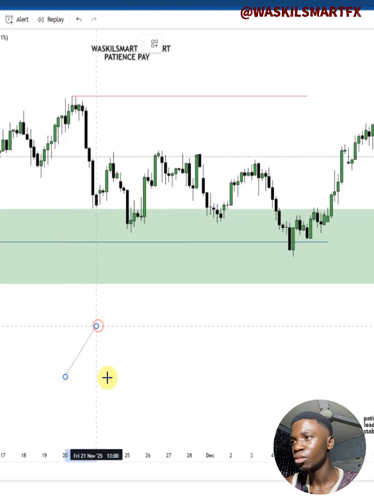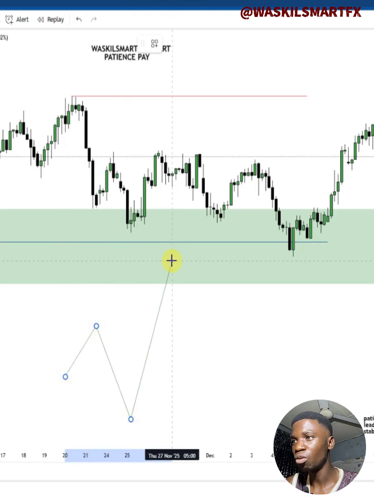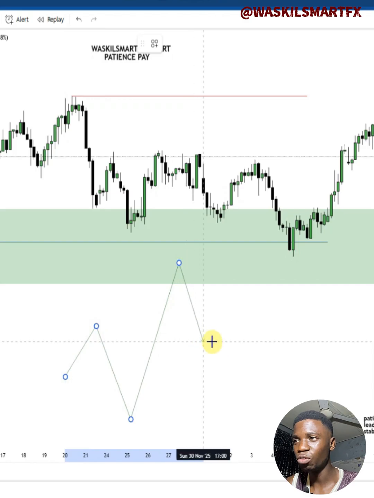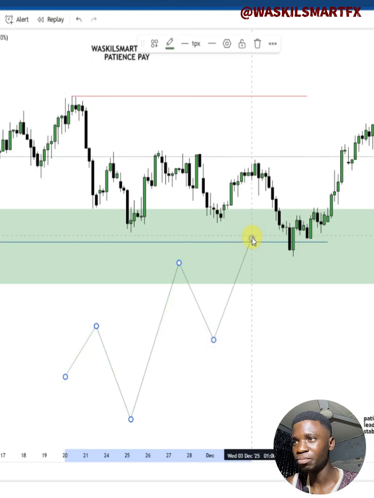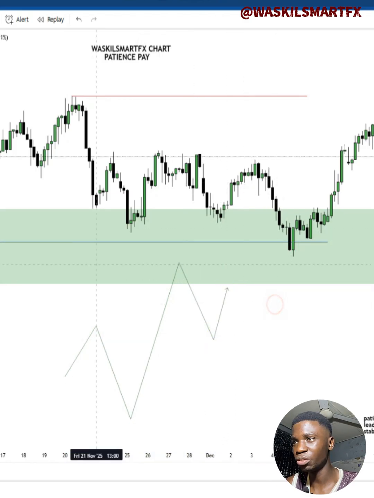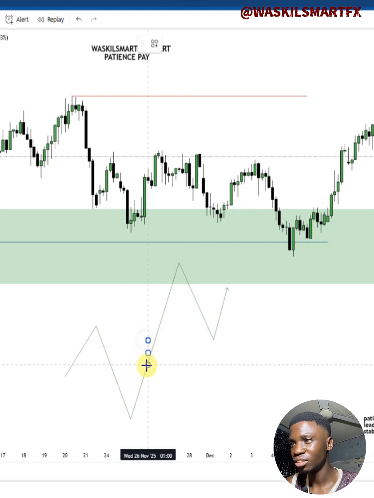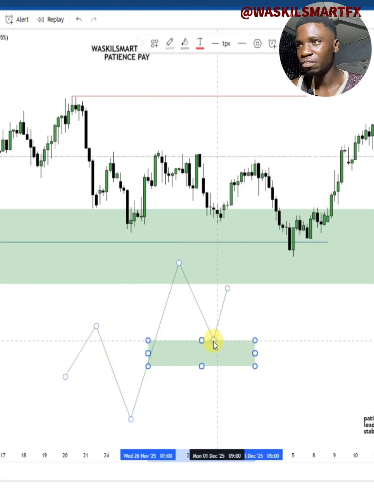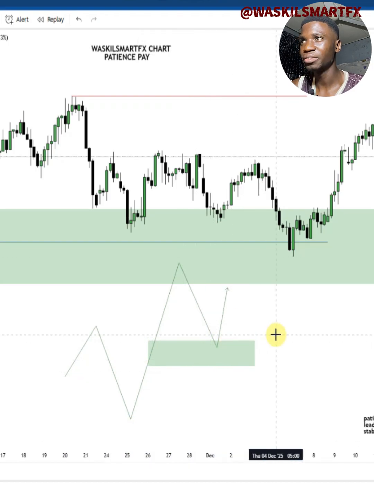On the daily chart, I have an order flow leg, I have a fair value gap to buy, right? Let me just put it this way. So this is my daily chart. I have this to buy.